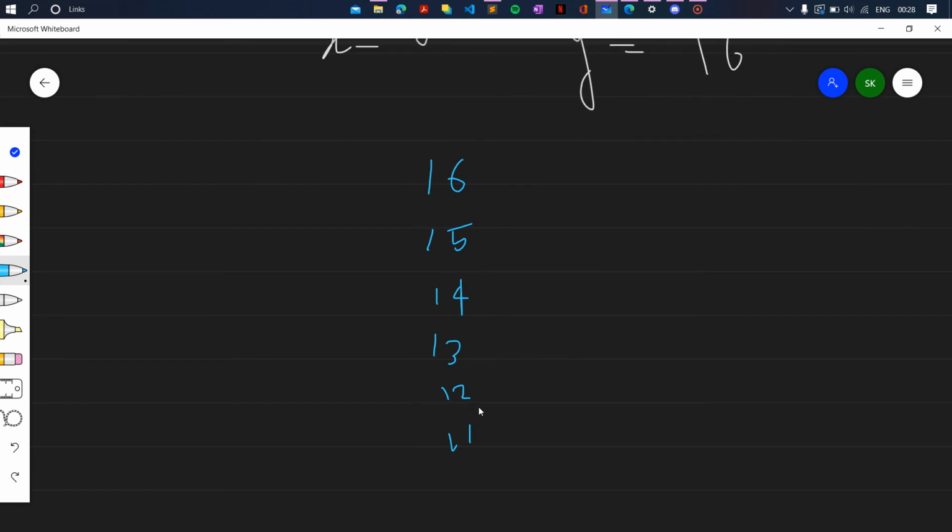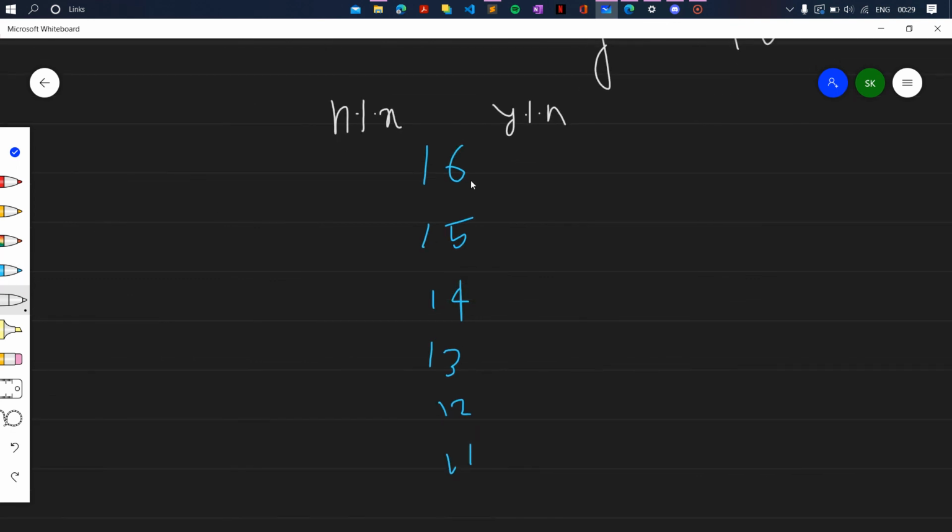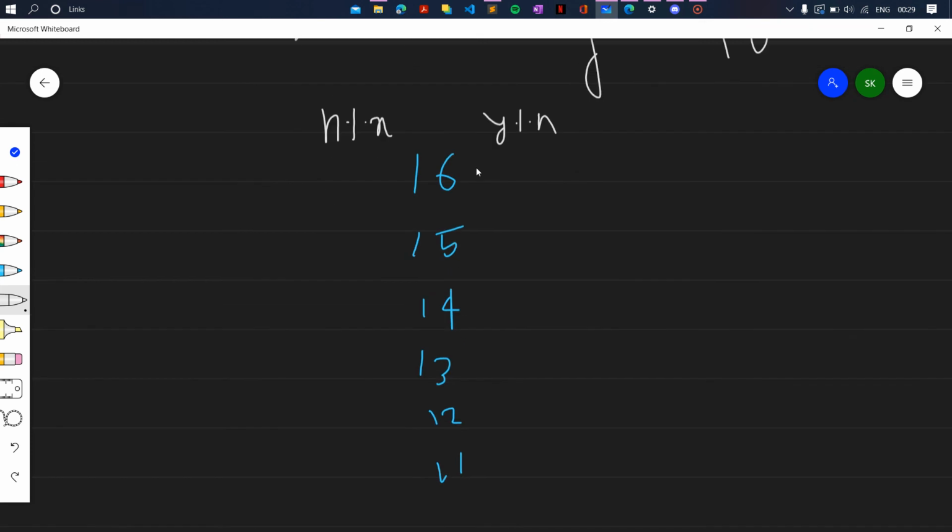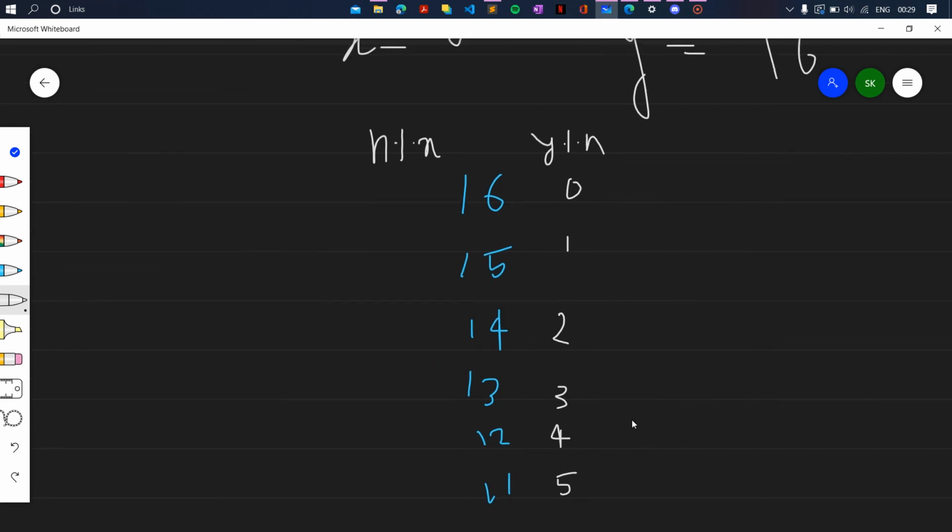These are the values of n. First, y mod n, where y is 16: 16 mod 16 is 0, then 1, 2, 3, 4, 5.